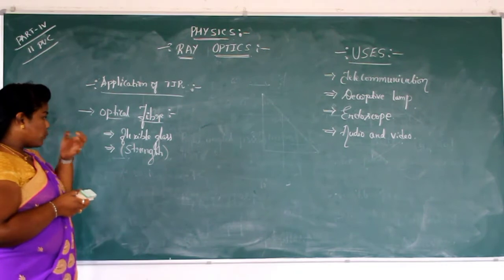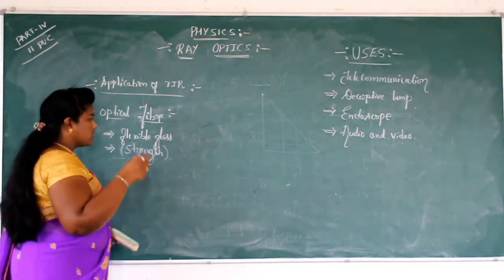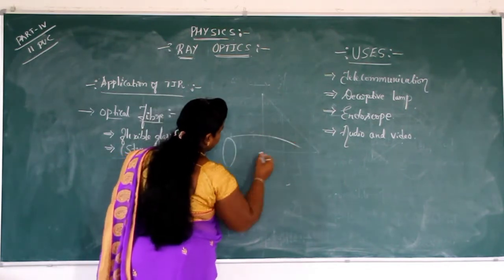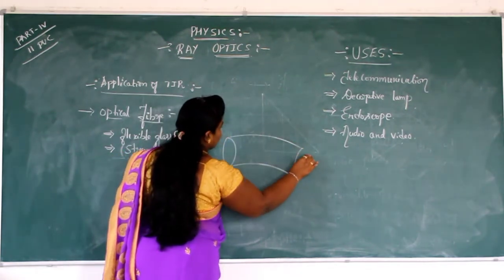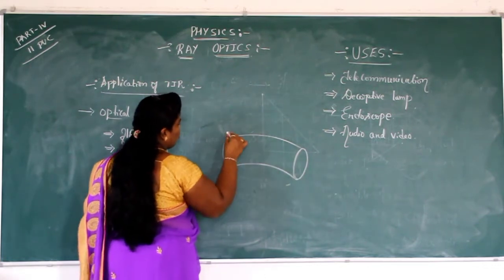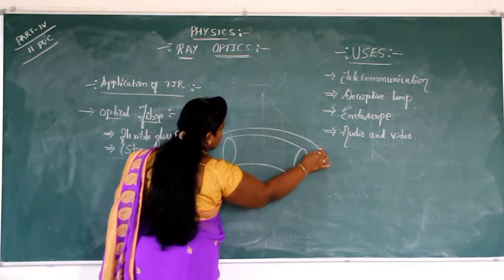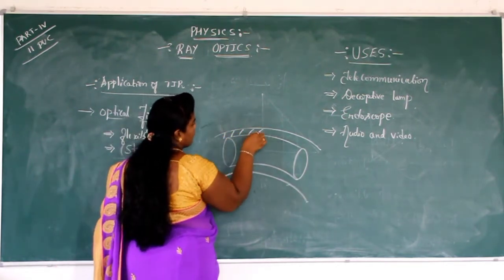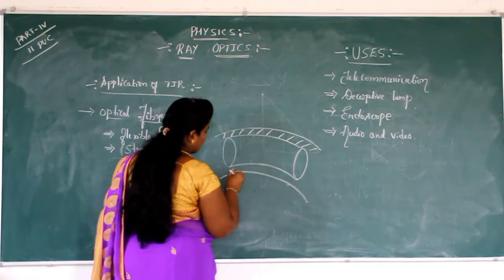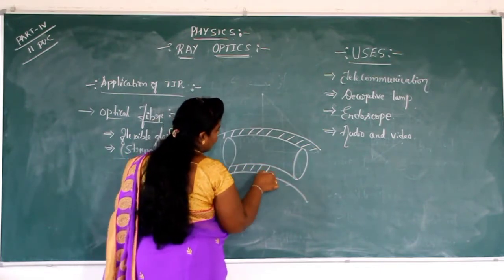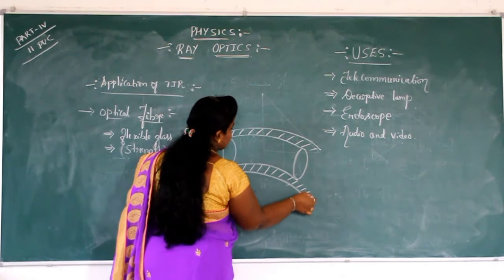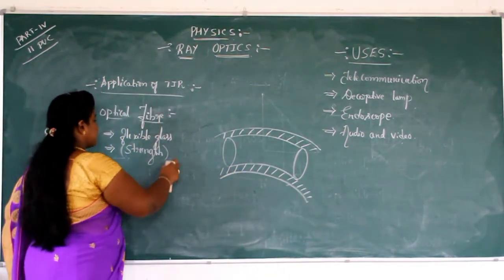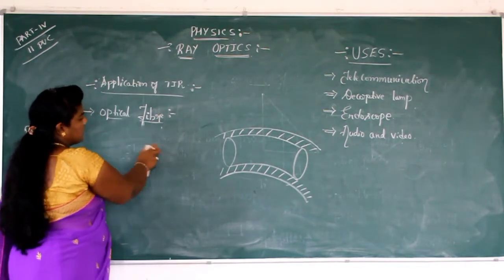Dear students, this optical fiber is made up of a core, I am writing, this is the core, and this core is again covered with a coating called cladding. The optical fiber is made of flexible glass and has a core and cladding.